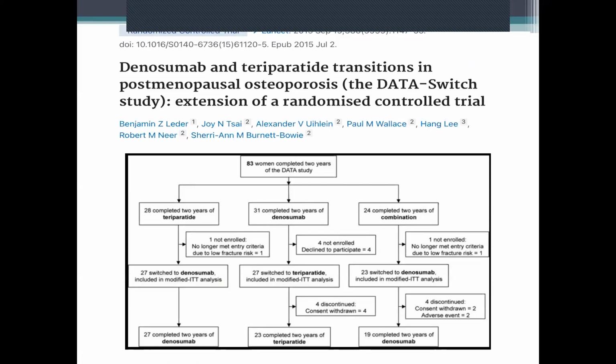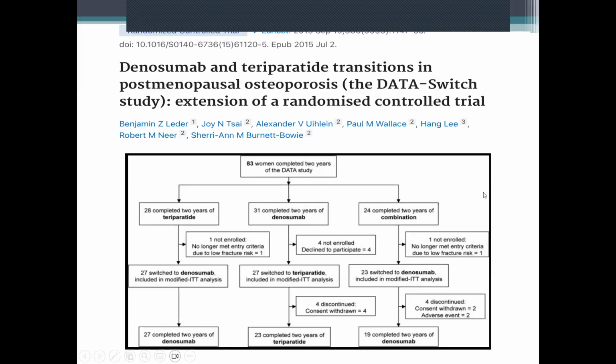In most instances, we would switch them over to IV bisphosphonates. But again, during that time period when they are being switched, there will be a decline in bone mineral density. So there will be an initial decline in BMD, so as in they will lose all their previous BMD gains before regaining it back on IV bisphosphonates.